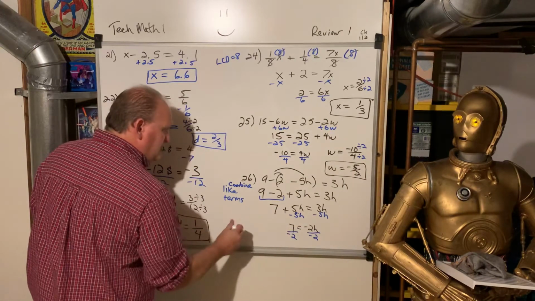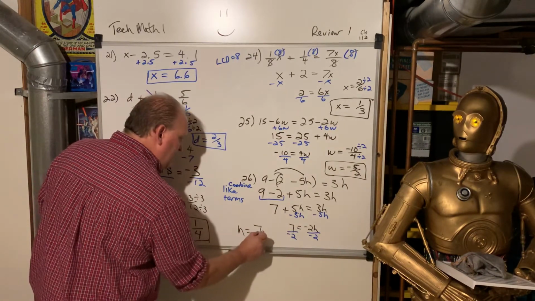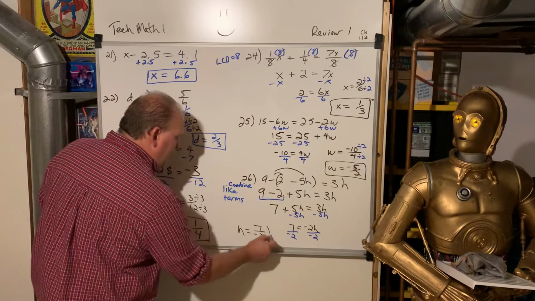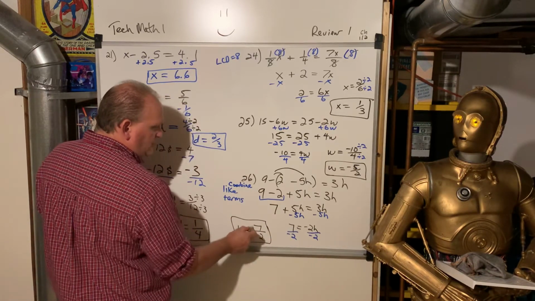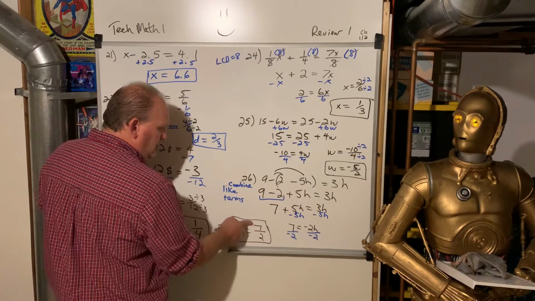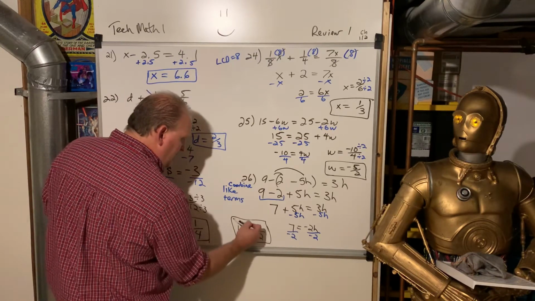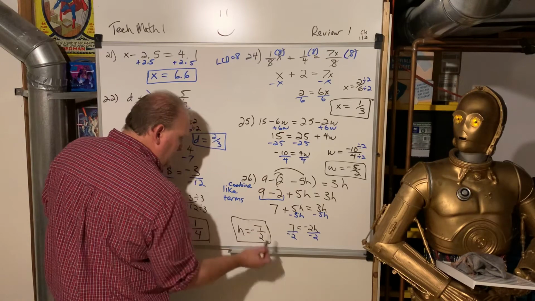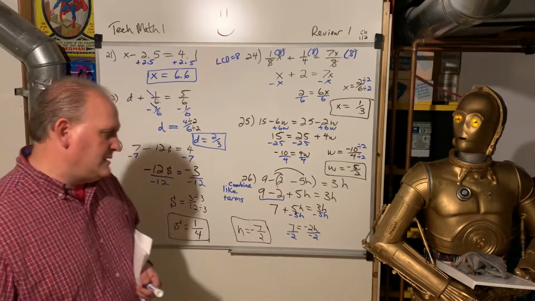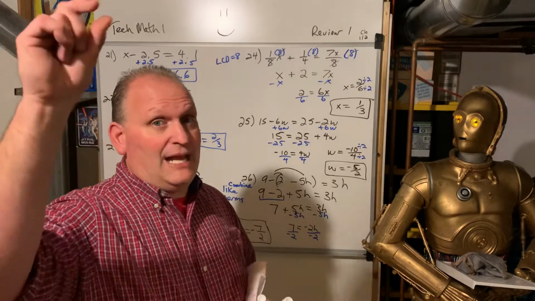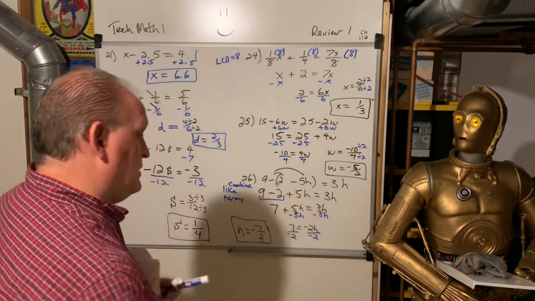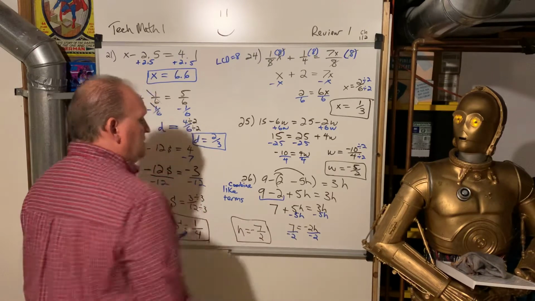And I cannot reduce that, so it's h is equal to 7 over -2. -7/2. Doesn't matter if you put the negative on the 2, or if you put the negative on the 7, or if you slide the negative right in front of the fraction bar like that. -7/2, it doesn't matter where the negative is, just so it's on there somewhere. Don't put it on twice. Don't make it -7 over -2, because it wasn't. It was +7 over -2. All right?